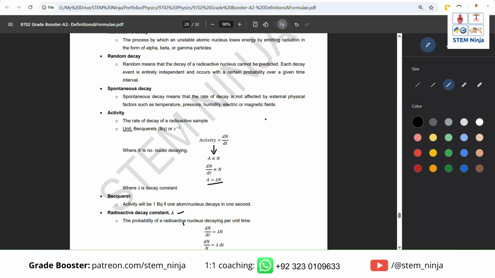So basically, nuclei are decaying, so the graph tangent is already negative. So that's the reason. The decay process actually is exponential. So that's it basically.